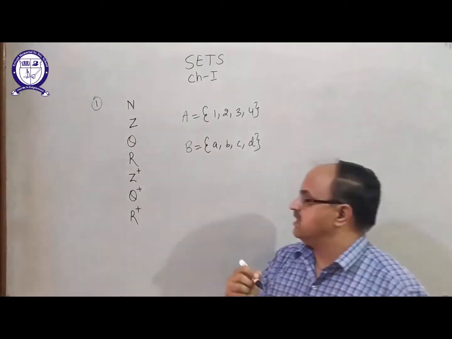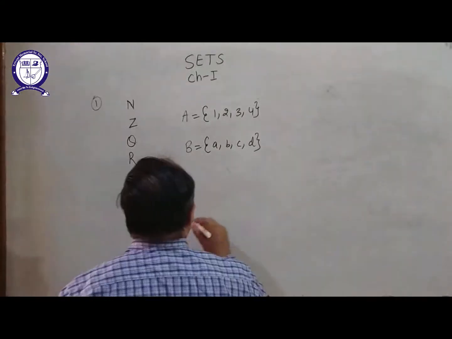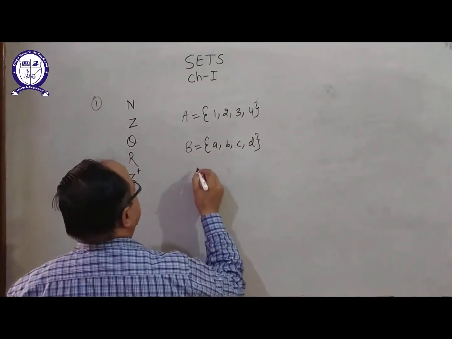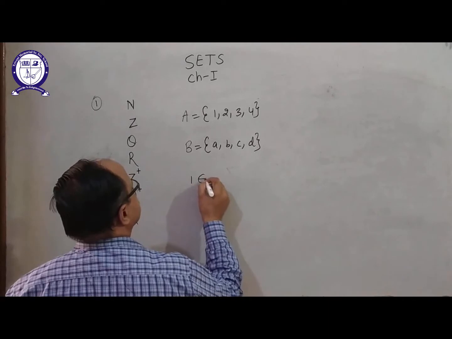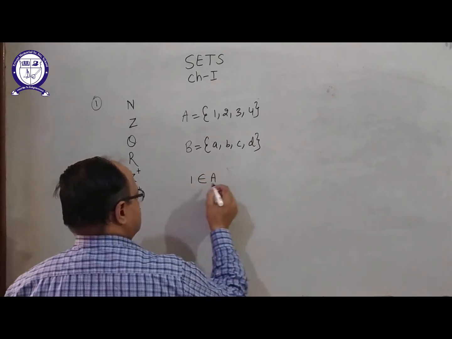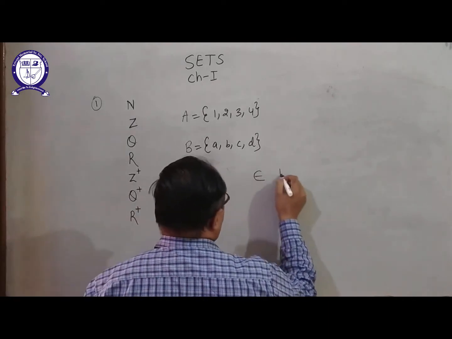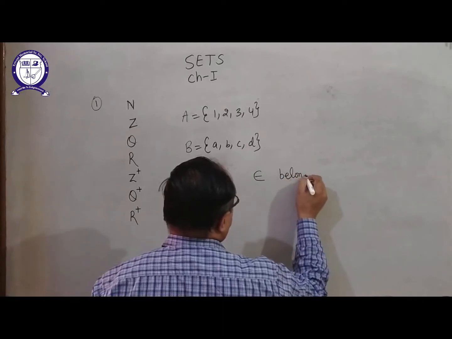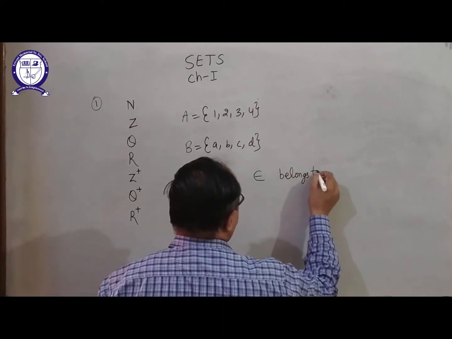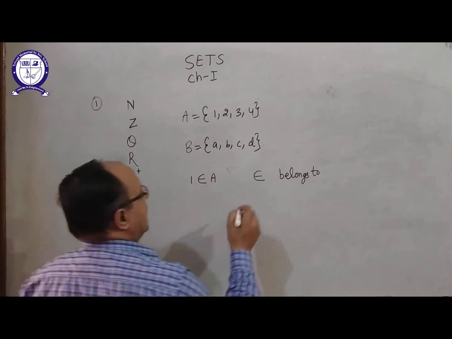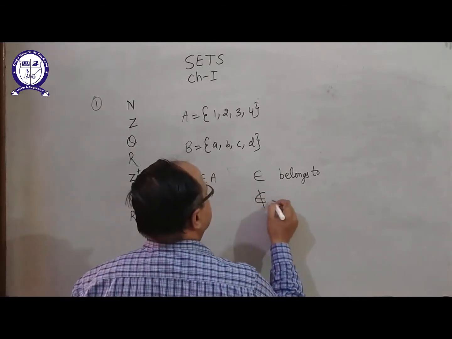Clear? And you know that in this chapter, if element 1 belongs to A, this symbol means belongs to, and this symbol means does not belong to.